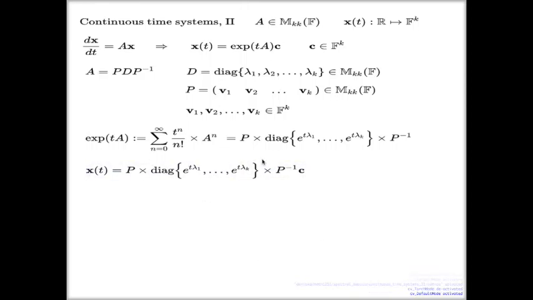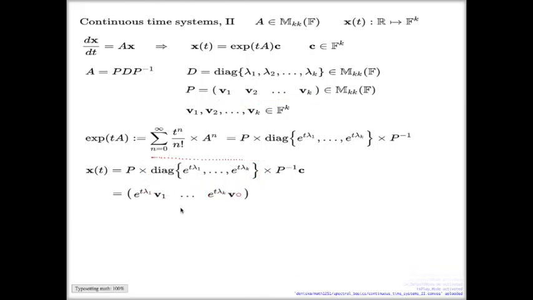All right, so let me just recall the first thing I'm going to say is that P is the one which consists of eigenvectors as columns. A while ago, not so long ago actually, we discussed with you what happens when you multiply two matrices and one of them you keep the column structure in it, right? That's exactly the case here. P is the one which consists of v1, v2, vk as columns, and you multiply it by the diagonal factor from the right.